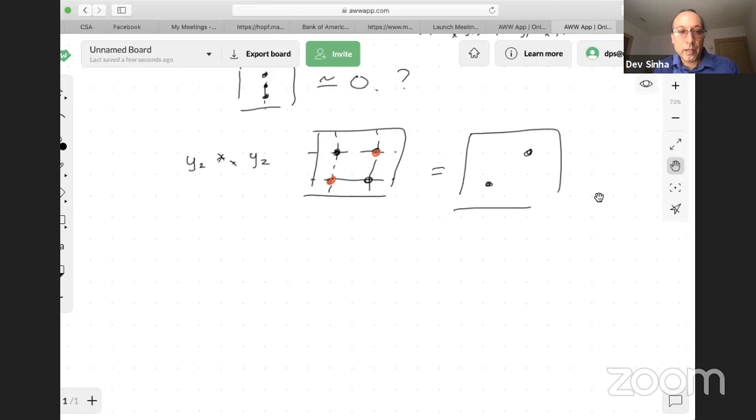And because I don't have the same multiplicities as I did when I'm doing the star plus, the space of squares occurs exactly once uniquely for every point in the image of y2 star times y2. And that space of squares is the same as the subspace of configurations of 2 points. So we get this class in degree 4.